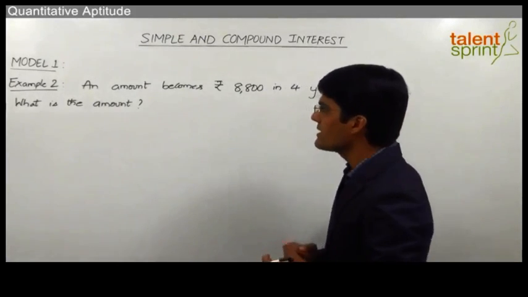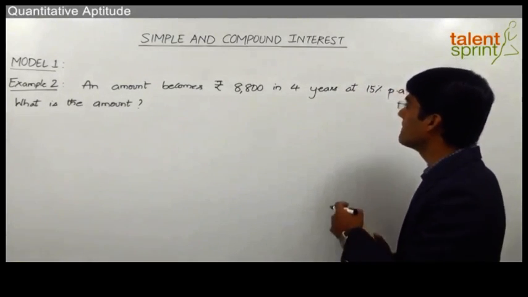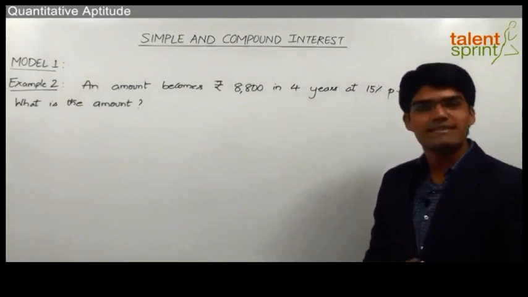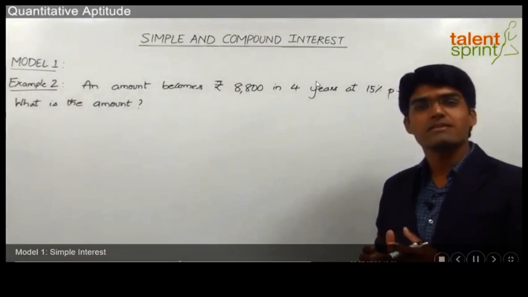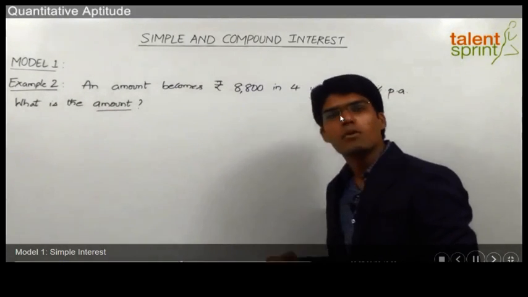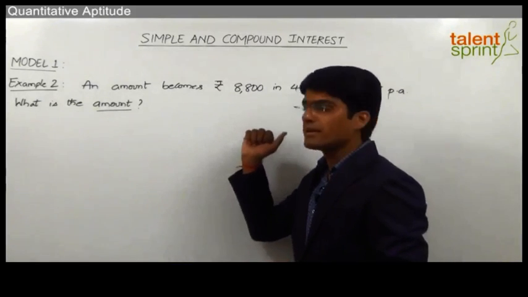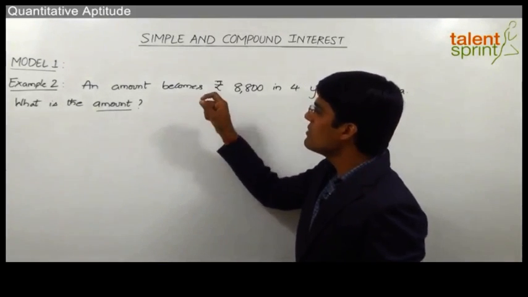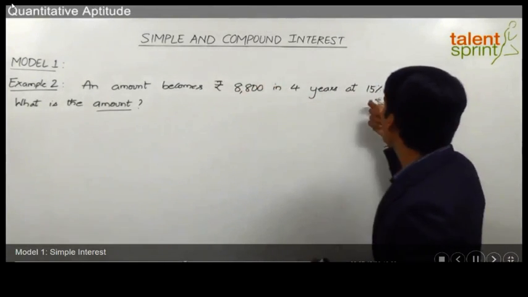The question here is an amount becomes rupees 8,800 in 4 years at 15% per annum. What is the amount? As discussed earlier, we first need to decide what amount he is talking about. Is it the principal amount or the total amount? Now that can be understood from the given statement. The question says an amount becomes rupees 8,800 in 4 years at 15% per annum.